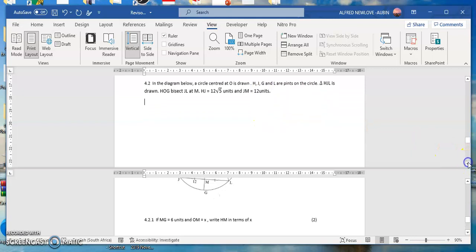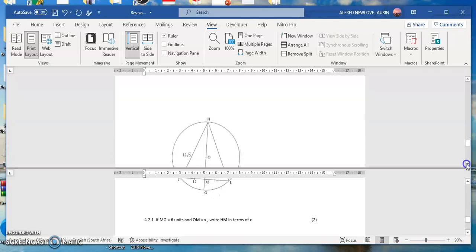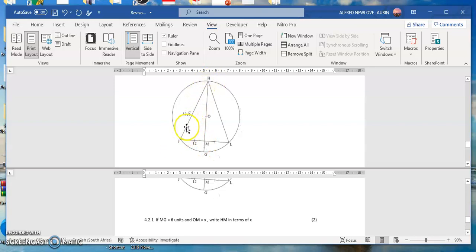So let's look at the diagram here. Everything said above is represented on the diagram. So we have JM to be 12, then JH to be 12 root 5, and this triangle is drawn.